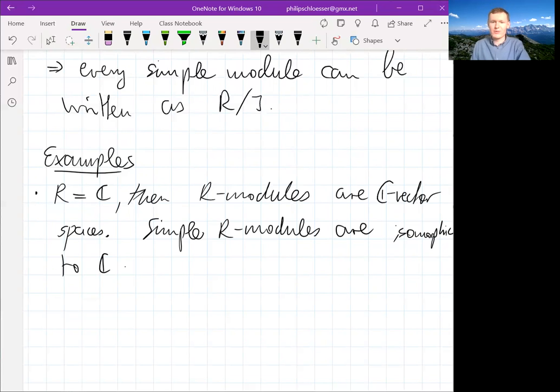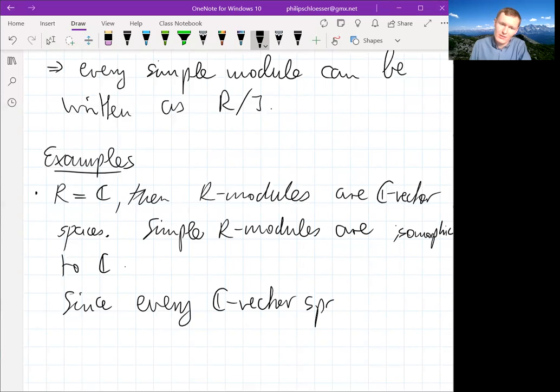And also you can decompose every C vector space into a direct sum of C's, since every C vector space has a basis.